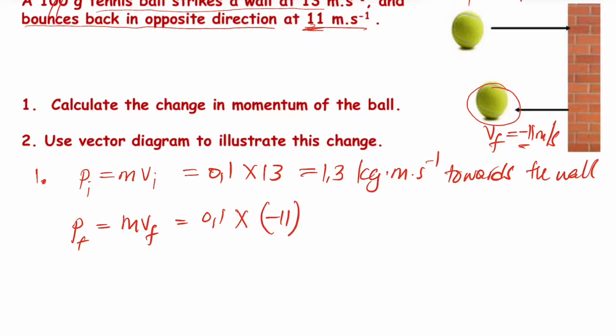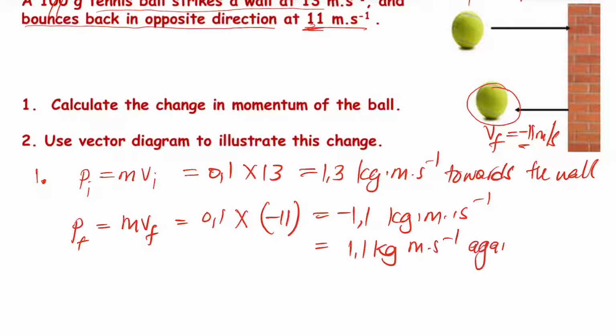So 0.1 times negative 11, the answer here is going to be negative 1.1 kg meter per second. It simply means that it's 1.1 kg meter per second against the wall. So the momentum's different now.